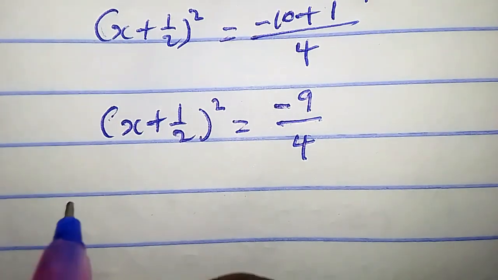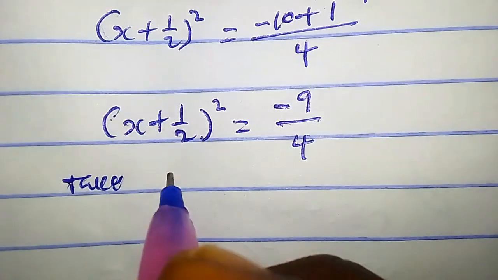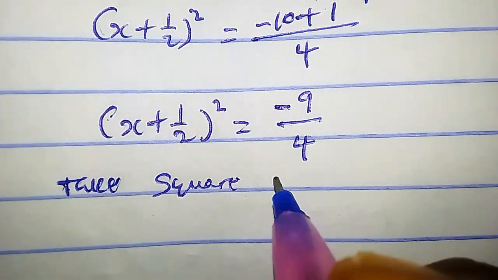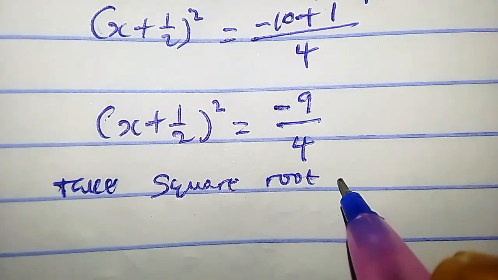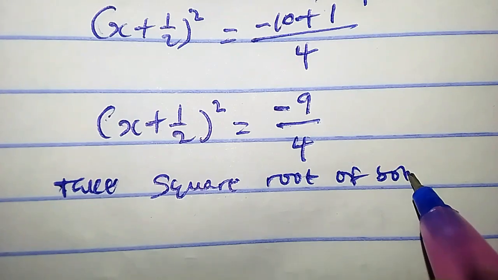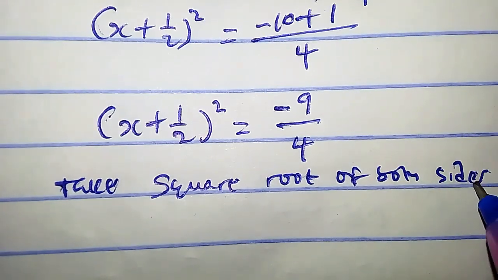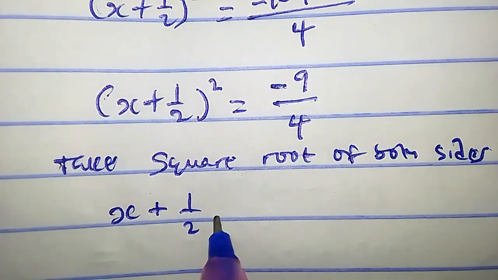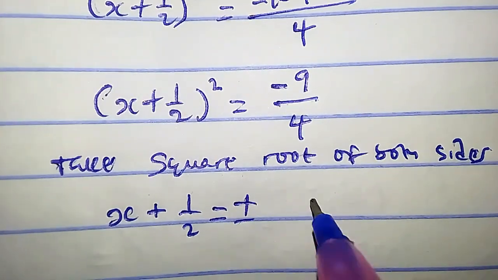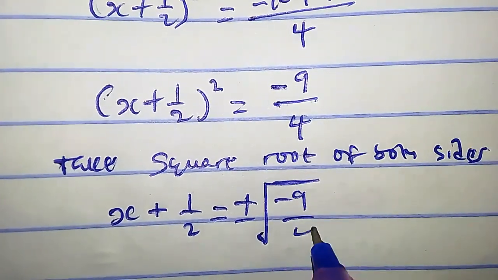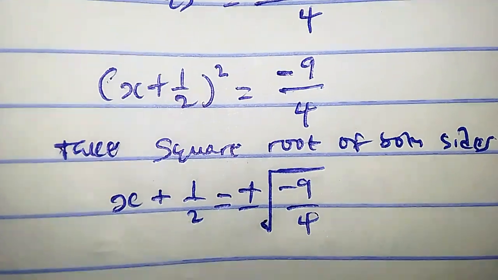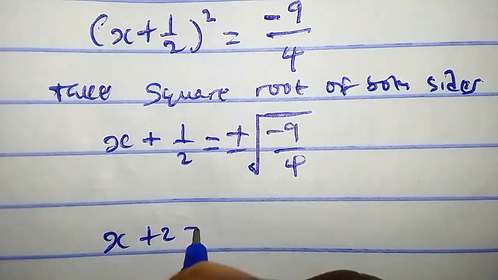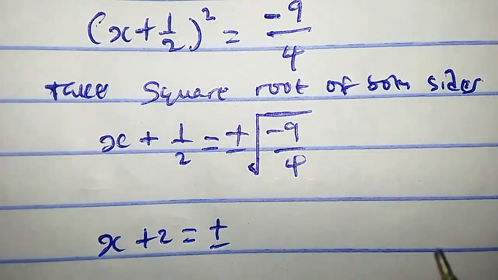Now, take square root of both sides. So doing that, we have x plus 1 over 2 equal to plus or minus square root of minus 9 divided by 4. x plus 2 equal to plus or minus.